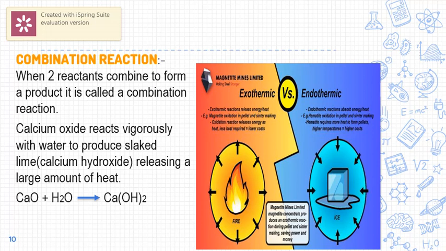During some reactions, heat energy is given out and in some reactions, heat energy is absorbed. So depending upon the heat energy given out or absorbed, we classify the reaction as exothermic and endothermic. When the heat is given out, it comes under the category exothermic reaction. Whereas if the heat is absorbed, it comes under the endothermic category.